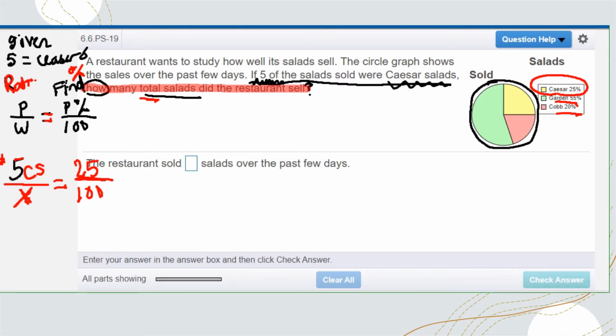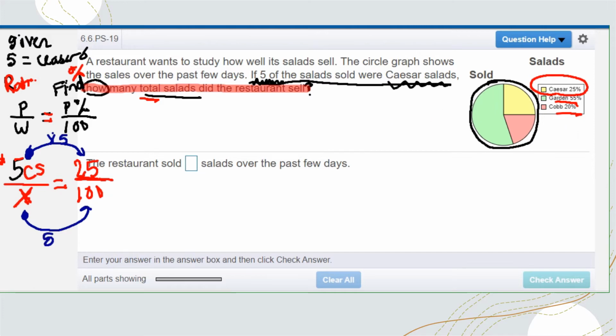Now in this case, you can use equivalent fractions, because how do you start with 5 and end up with 25? You would just multiply by 5. And since we started here, we need to come down here and do the same exact thing. So we're going to multiply X by 5, but I can't do it that way.